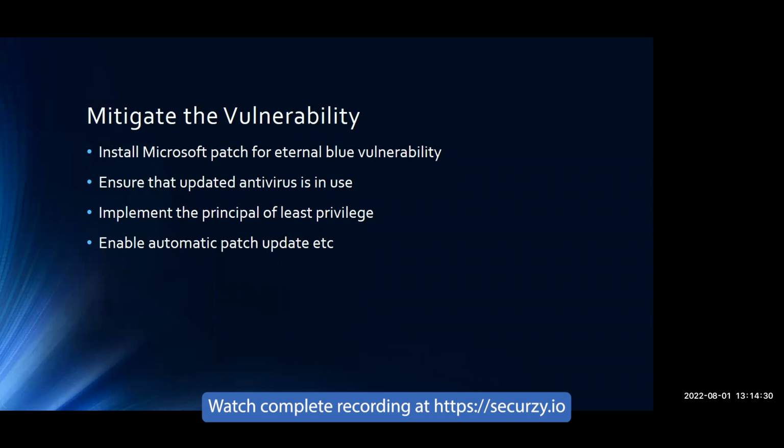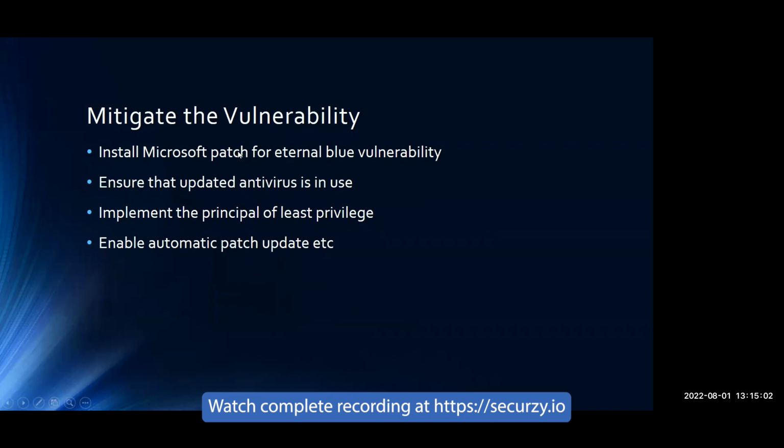We'll have to ensure that we put some patching in place, like doing updates on the system. SMB version 1 is vulnerable to EternalBlue, so what we can do is update, right? Currently the SMB version is SMB 3.1.1. So always try to use the latest version of the services.